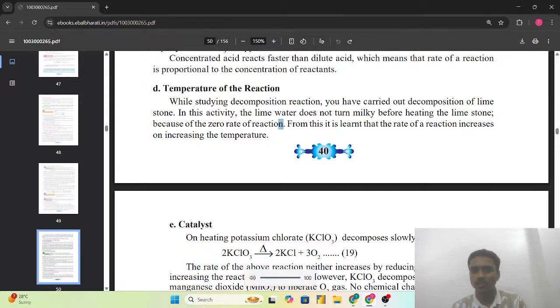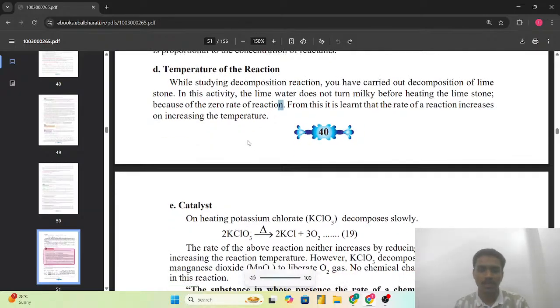If we provide less heat, the reaction takes place at a slow rate. But if we increase the heat, so that the temperature of the reaction increases, that also leads to a faster rate of the chemical reaction.